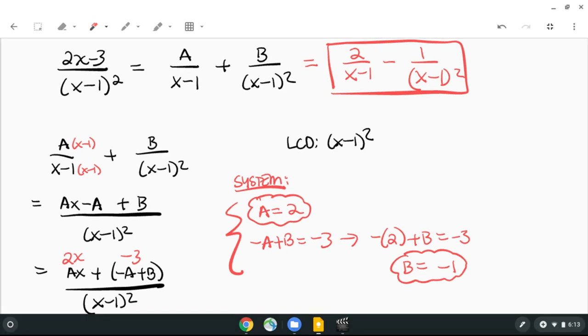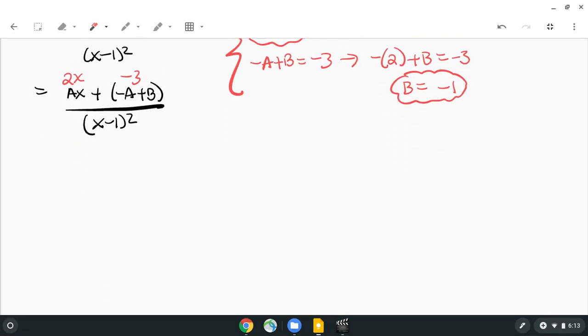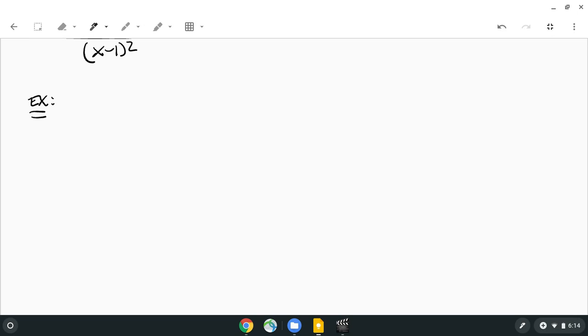So we have 2 more examples. I want to do one where we have a quadratic in the numerator. Make it a little more interesting. Let's take a look at this one.